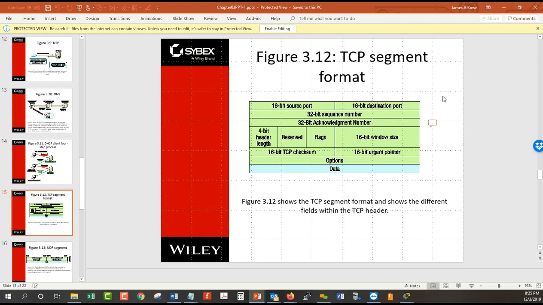But if we want to ensure delivery of our data, which most of the information that rolls across the network, the internet, is going to be TCP segment type information. Okay, so look for that 32-bit sequence number. And by the way, that is not to be confused with a 32-bit IP address. Okay, so watch out for that because both of them are 32 bits.